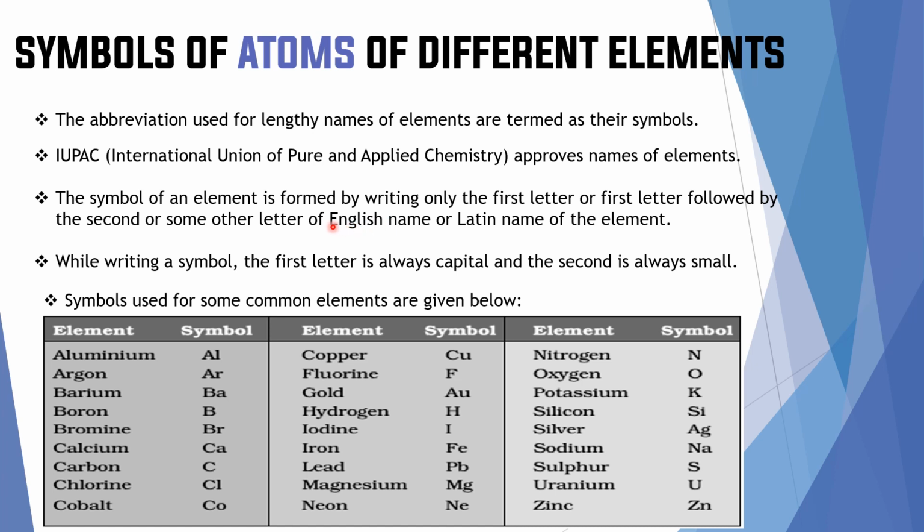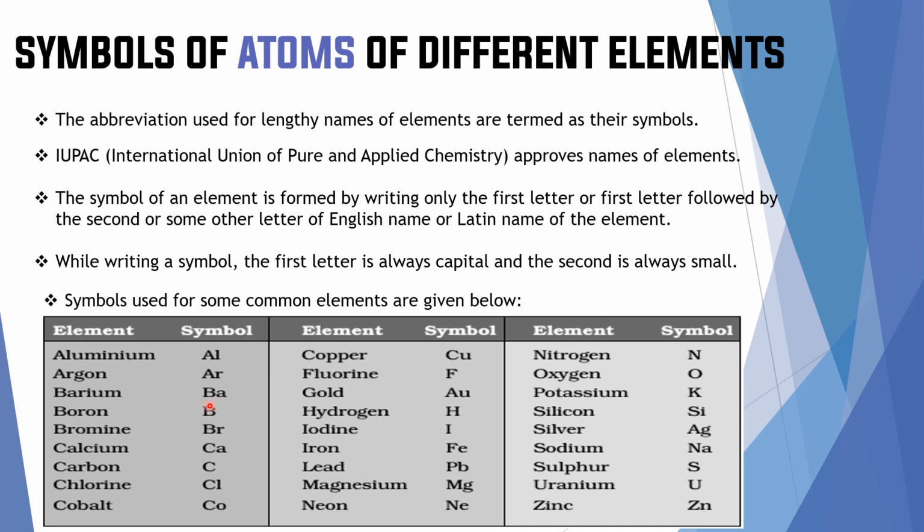Here symbols used for some common elements are given, with element name and symbol. You have to memorize this. Aluminium, Al: capital A, and the second letter L is a small letter. Argon, Ar: A capital, r small letter.